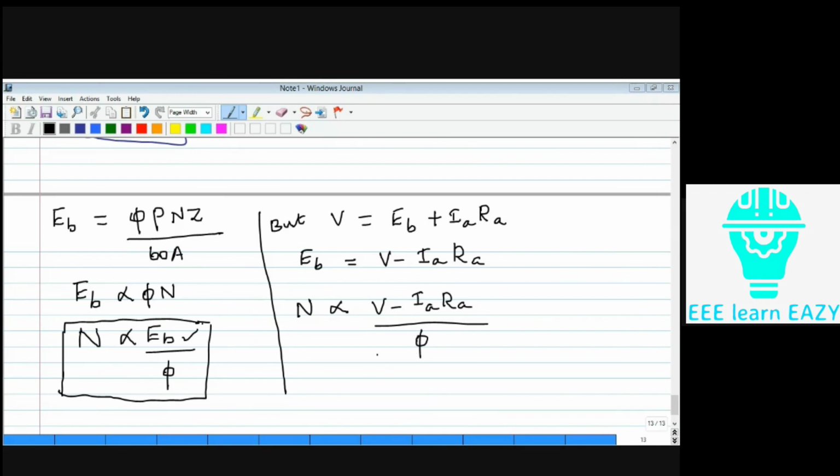Now, based on this equation, let's see for DC shunt motor. For DC shunt motor, we have concluded flux phi is constant. So speed will be proportional to only EB or V minus IaRa. This is the case of shunt motor. But in series motor, flux is proportional to Ia.